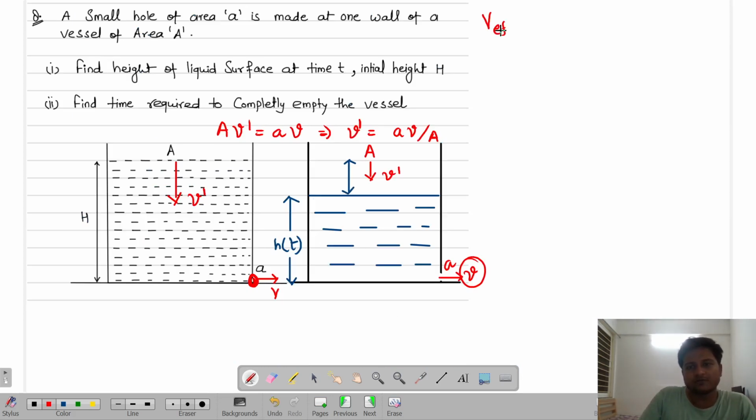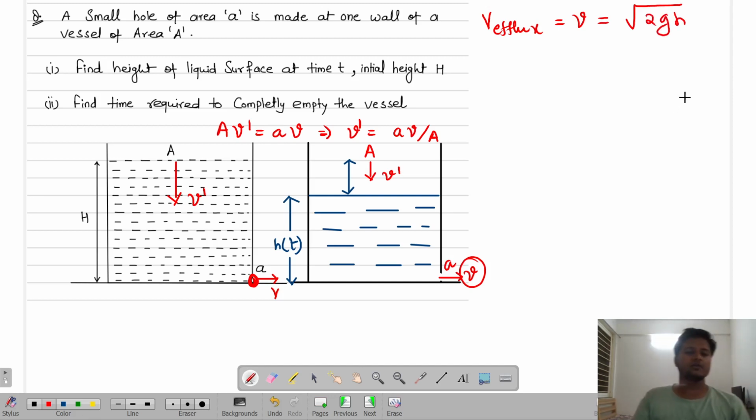So the velocity of efflux v, if the orifice is very small, is just root under 2g into the height of the liquid above it. And here a is very small, so that is why I'm writing it this way. Is that clear?